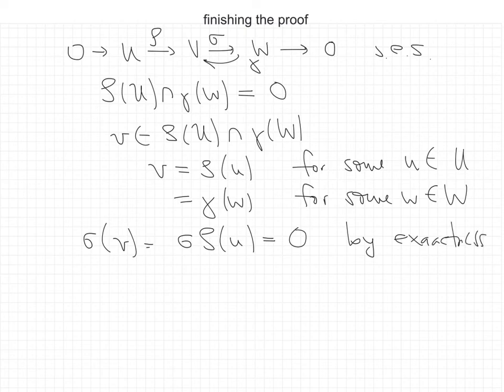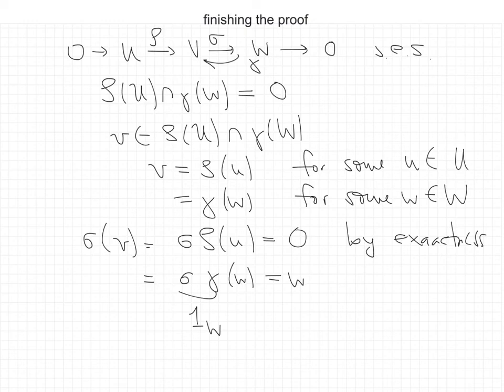This is precisely what exactness means: among other things, the image of rho is the kernel of sigma. But on the other hand, sigma of v is also sigma of gamma of w, and we know that gamma is a splitting, so first gamma and then sigma is the identity map on W.